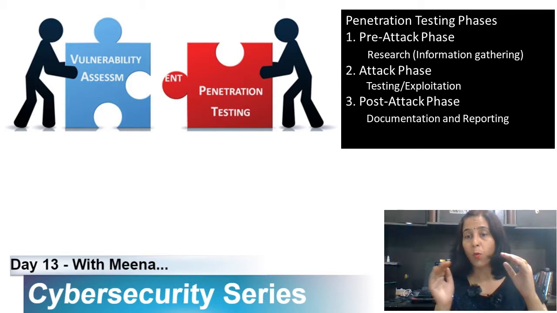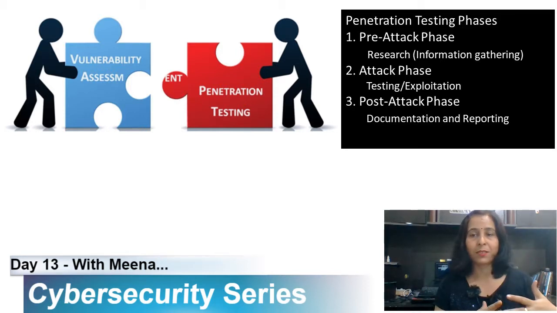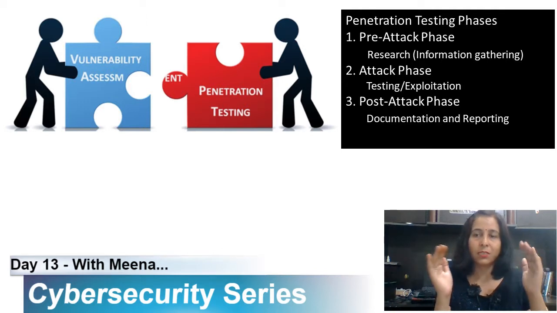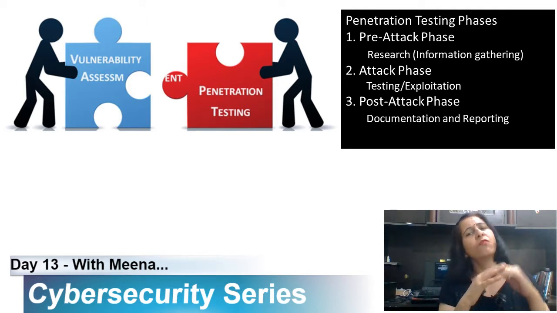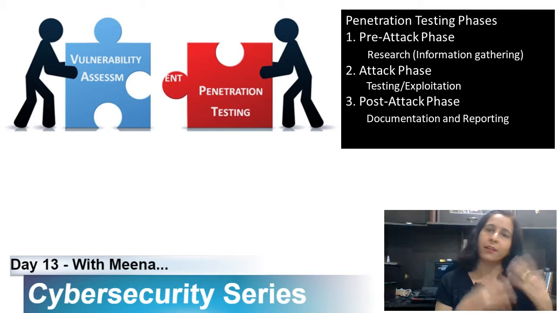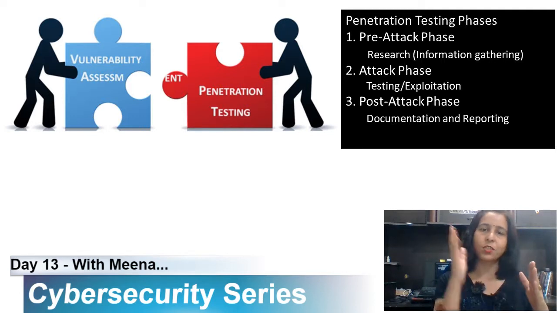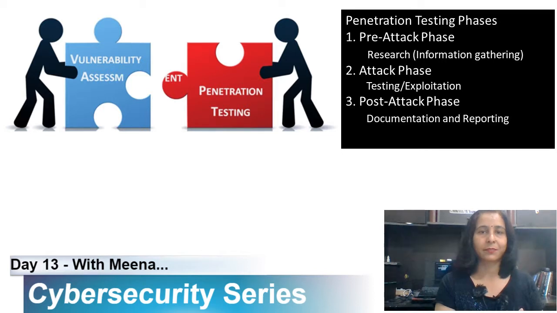Once they have enough information, they will analyze it and find out, yes, this is the weak point of our target, and we can definitely use that particular vulnerability or weakness against our target. Okay, in the second phase, on the basis of those vulnerabilities or weaknesses, they perform the attack.